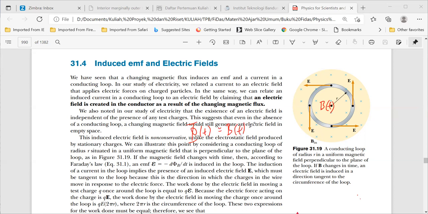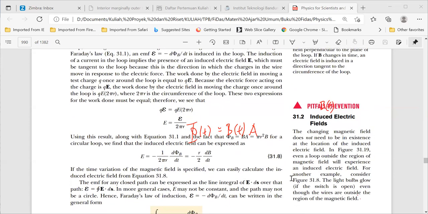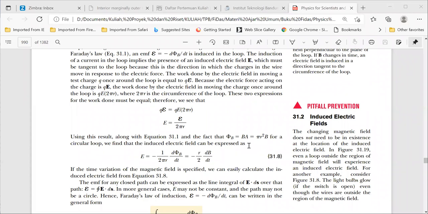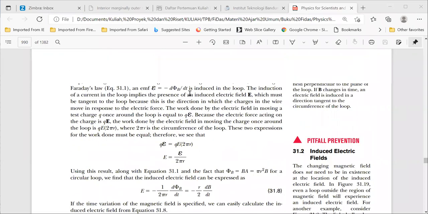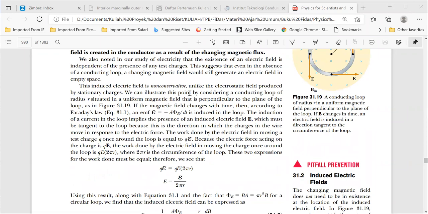If you use this equation here, this phi B is B as a function of t times pi r squared.